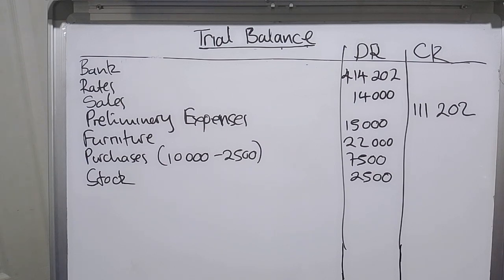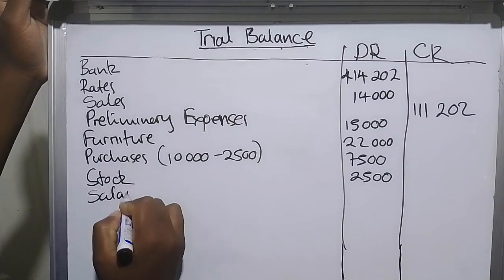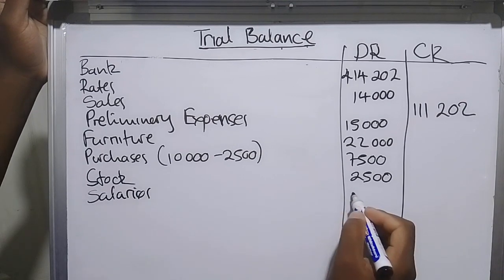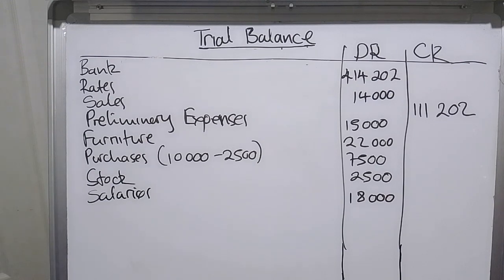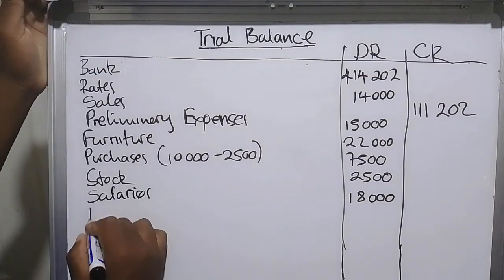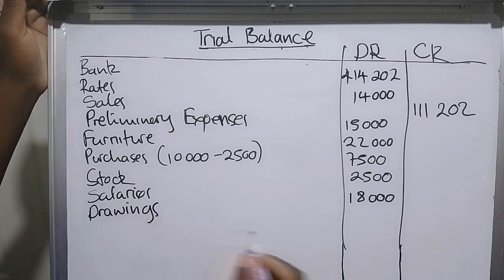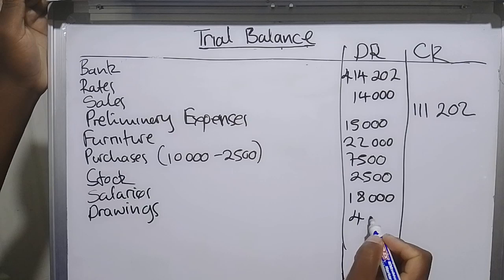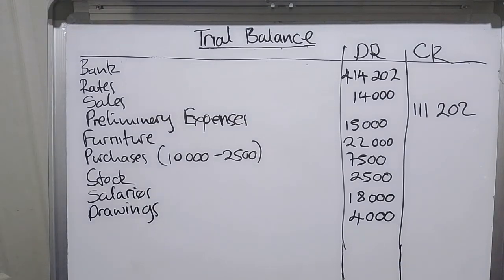Then we also have salaries. Salaries, we had 18,000. After salaries, we also had drawings. The owner withdrew money, so we also put drawings there on the debit side.